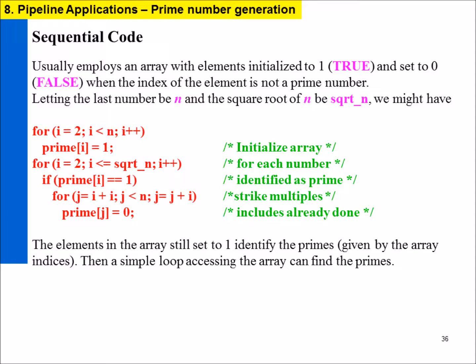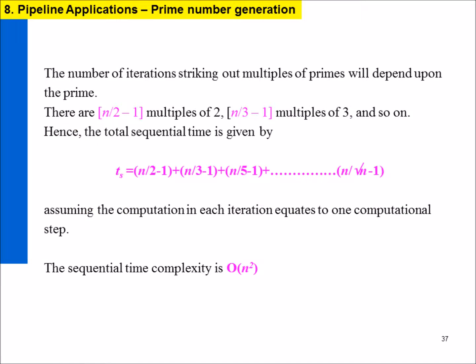Letting the square root of n be sqrt n, we might have this algorithm as shown here, and the elements in the array are still set to 1 to identify the primes given by the array indices. Then the primes are found by examining the array for ones. And the number of iterations striking out multiples will depend upon the prime.